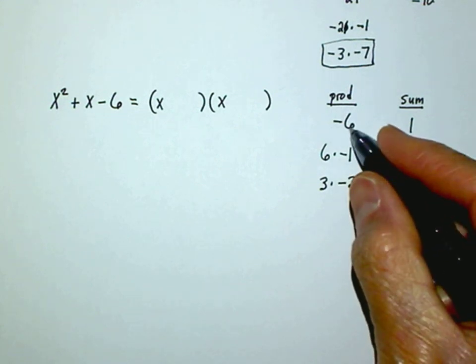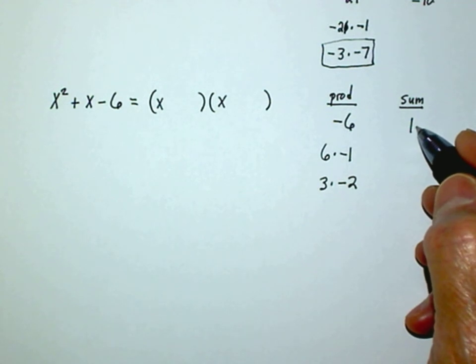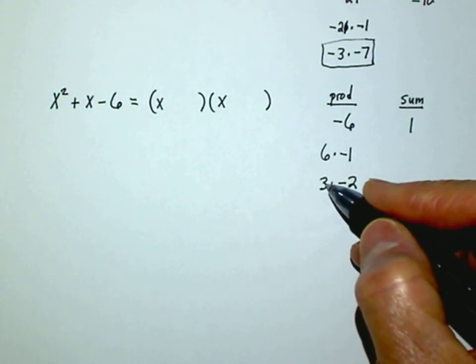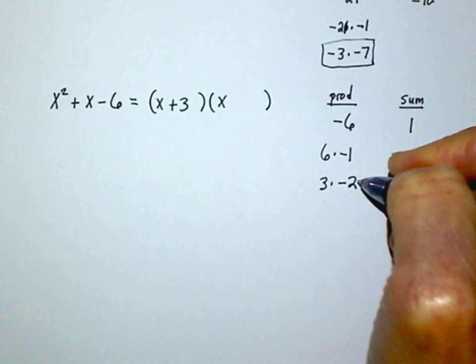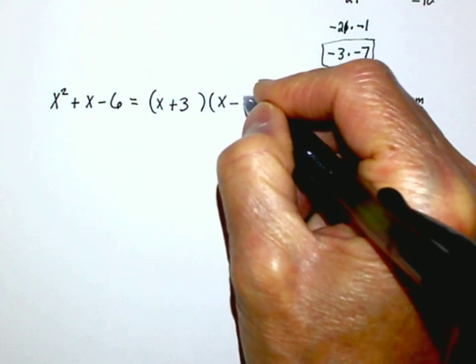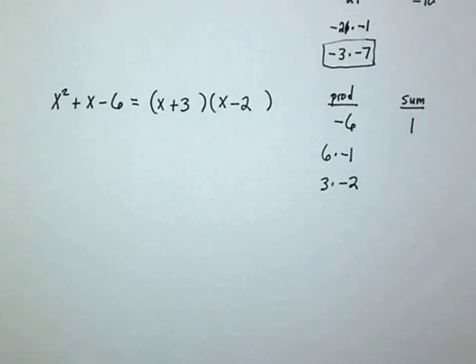That gives me -6. 3 plus -2 gives me 1. Those are the numbers I need. The 3 is a positive 3. The 2 is negative. I put those in, and that is the factored form of that polynomial. Again, you can always check by doing FOIL and see if you get back to your original.